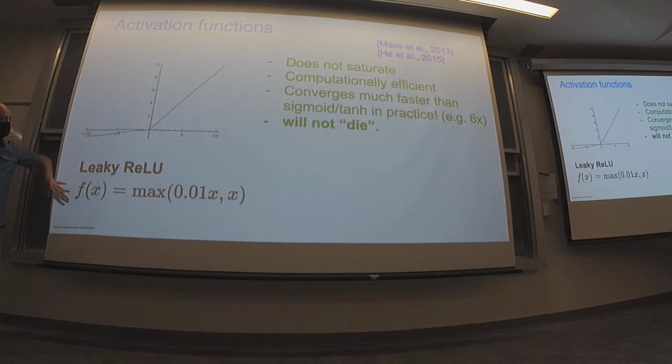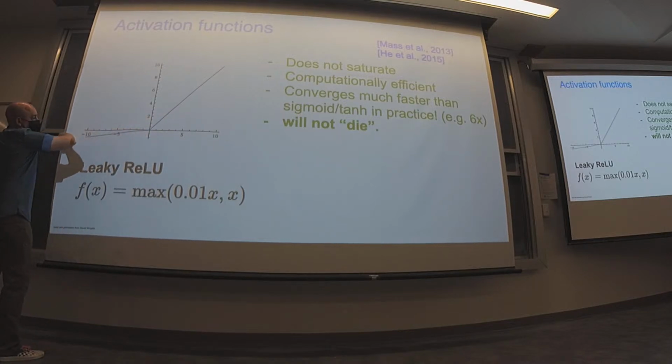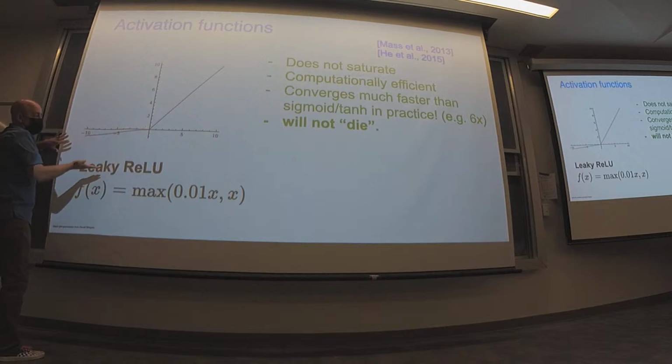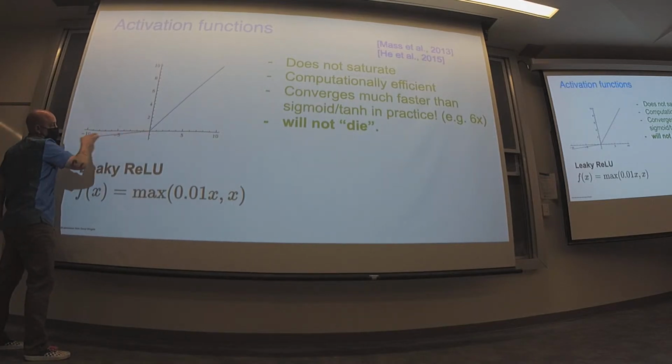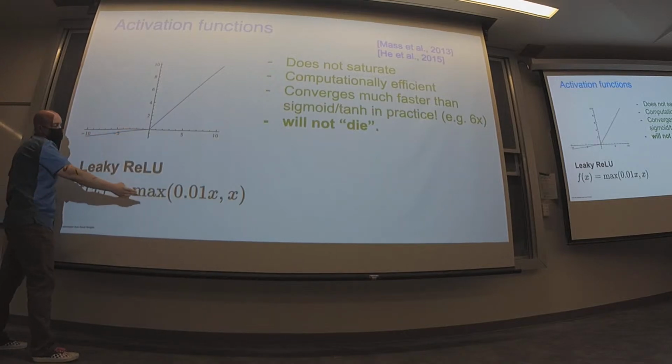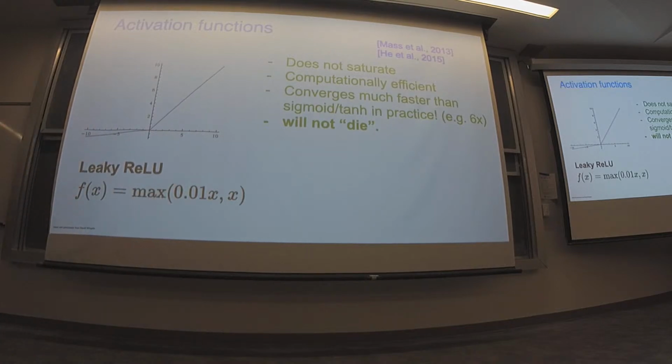A slight variation on ReLU called leaky ReLU basically has everything the same when you're positive, but when you're negative, you have a different linear function with a much smaller slope. So it kind of approximates ReLU, but instead it allows there to be some kind of response. This is a typical value to use in the leaky ReLU. The slope there is like 100th of the slope on the positive side, but it allows for signal to be propagated through even when the outputs from the previous layer are negative.